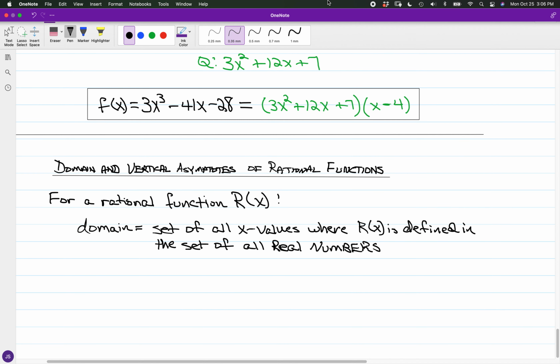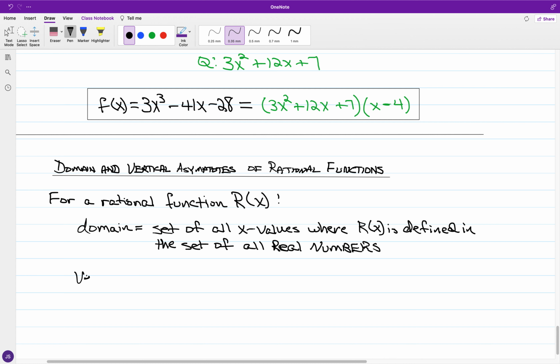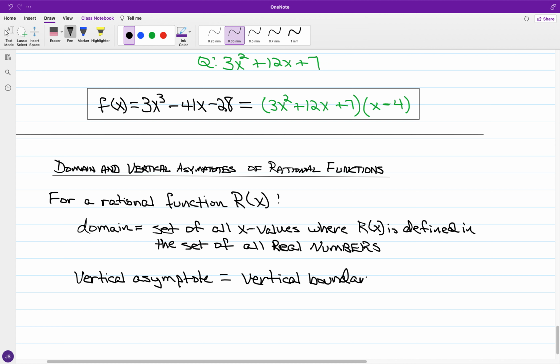Now in the case of vertical asymptotes, a vertical asymptote is going to be a vertical boundary that splits the graph of R of x.